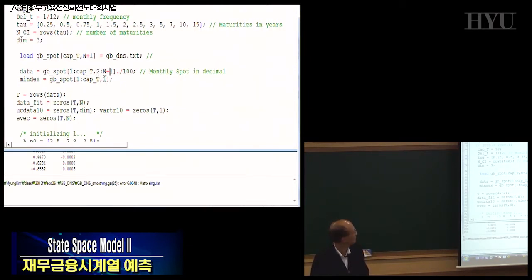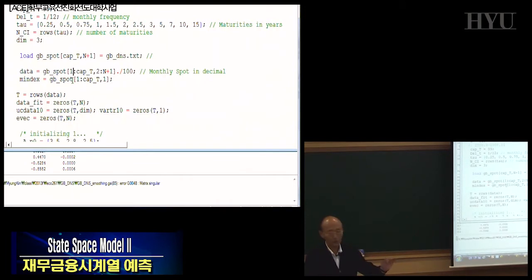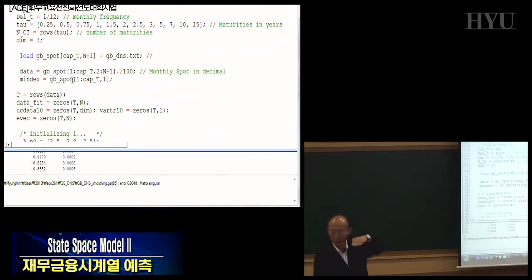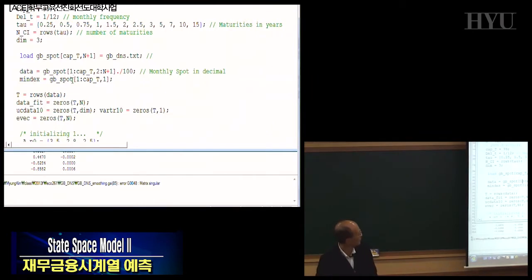And T is of course the number of observations, because sometimes you could start from, let's say, the 15th, so you're working with a subsample. If you redefine the sample, then you calculate the number of observations again using the function rows, which returns the number of rows. Don't worry about the rest.